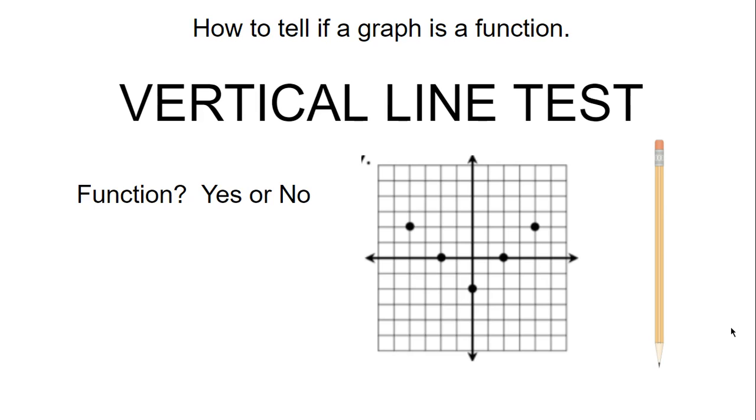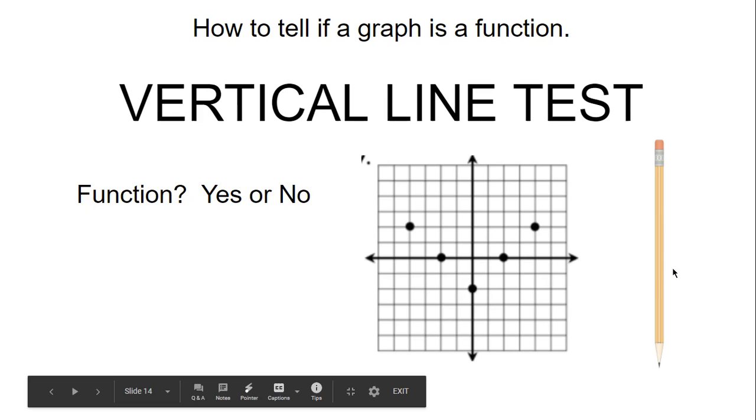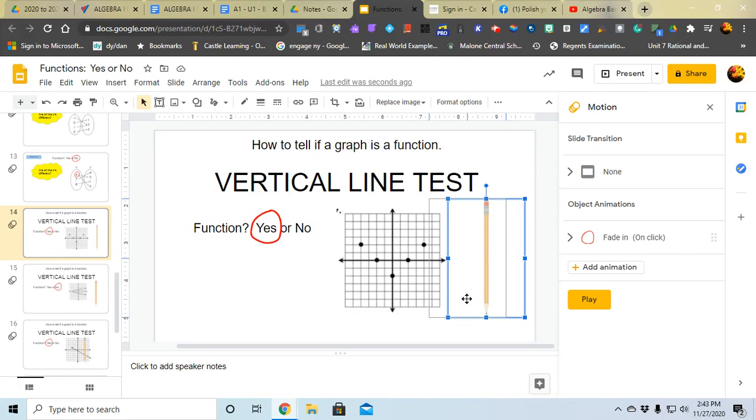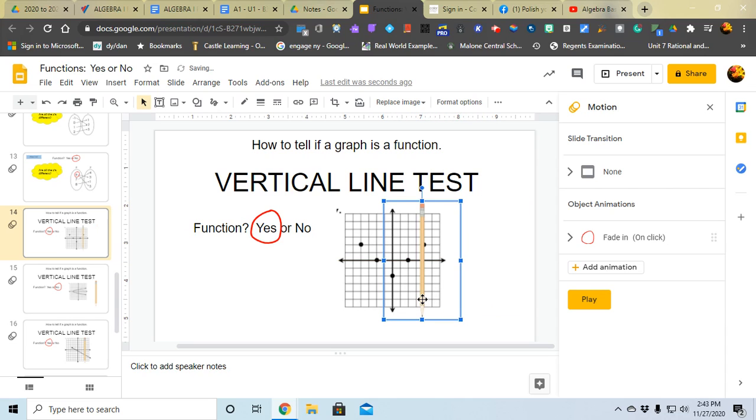And you pretend to have some kind of vertical object, whether it's your finger or a pencil or an imaginary line. And you ask yourself, if I move this pencil around the board vertically, does it only hit the graph in one spot? So if I drop the pencil right here, it only hits this graph in one spot.